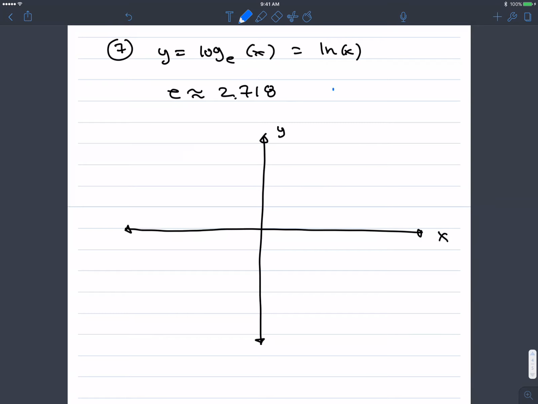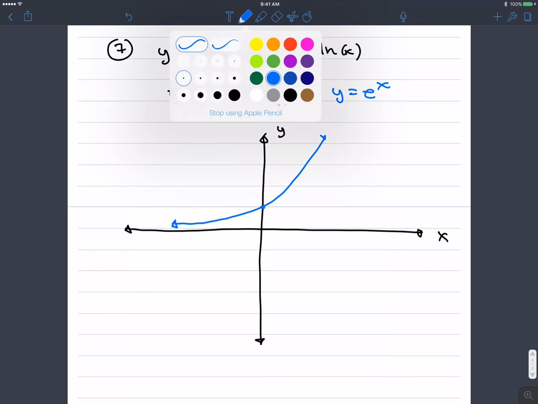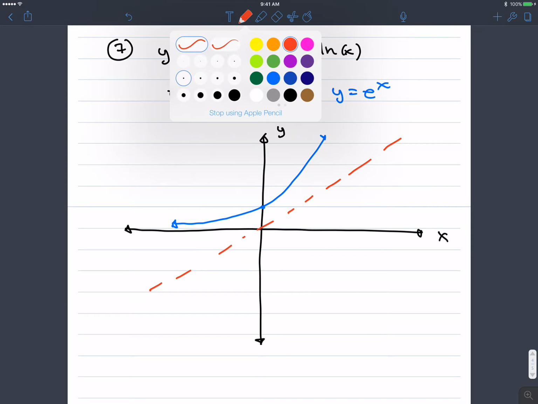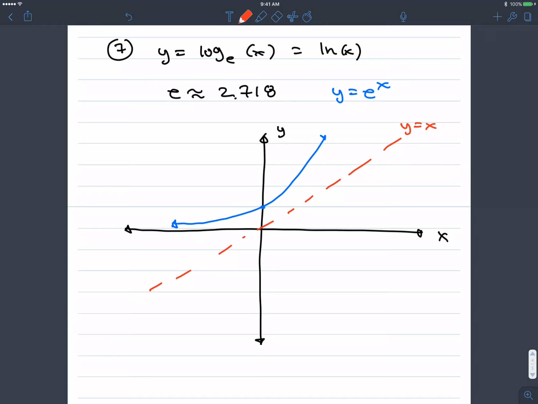Now again, if we consider the exponential curve e to the x, it goes through the point (0, 1). It's a growth exponential curve because the base is larger than 1. And it might be better to sketch this freehand and reflect every point about the line we just drew, which is the line y equals x.